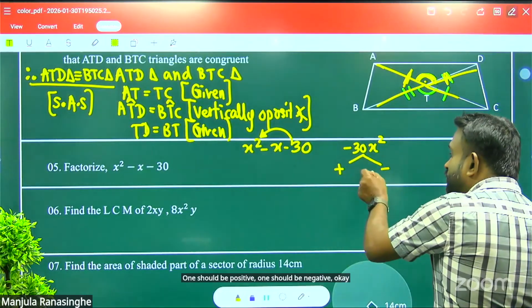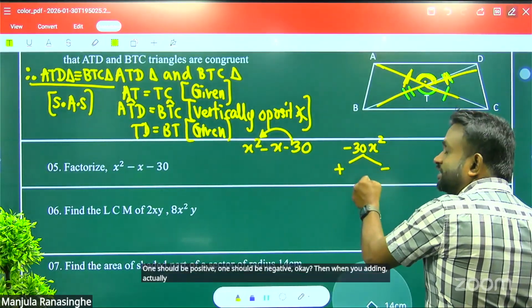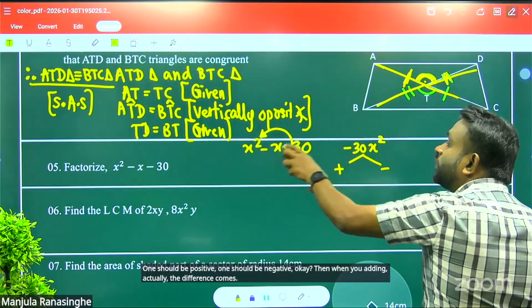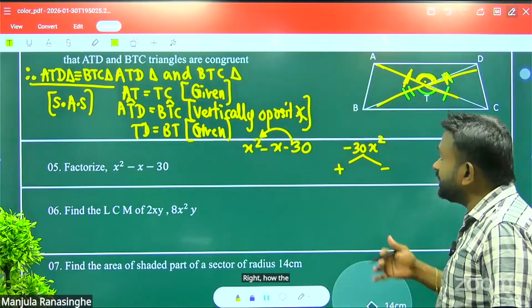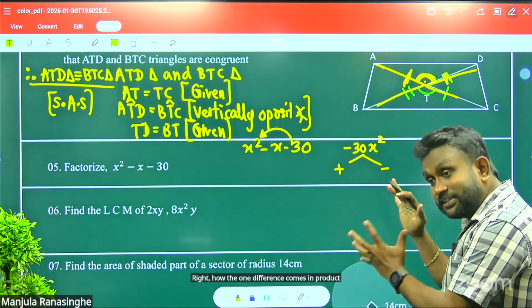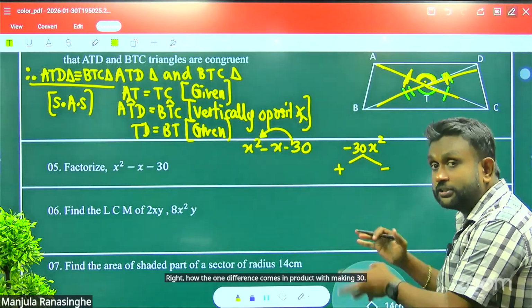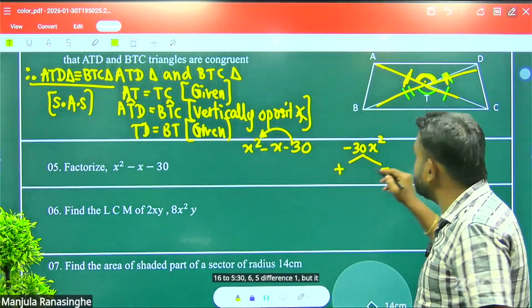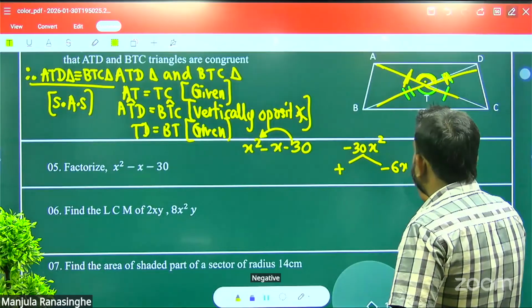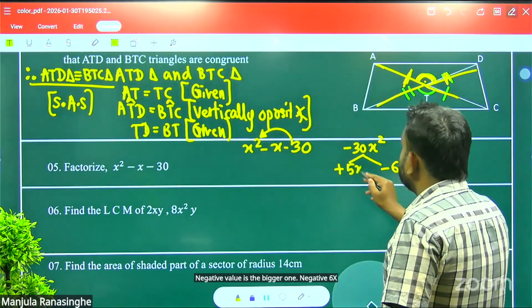When adding, the difference should be negative 1. Product 30: 6 and 5, difference 1, but it should be negative 1, so the negative value is the bigger one: negative 6x and positive 5x.